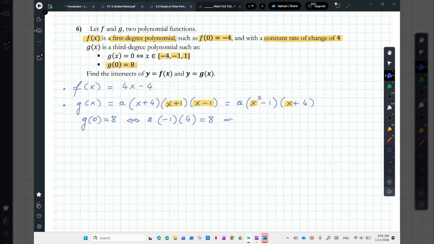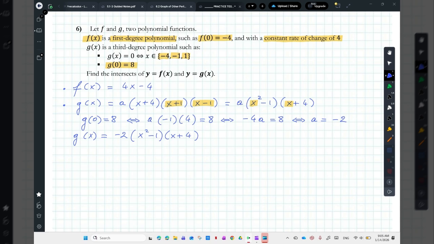In other words, negative 4 times a equals 8, which is equivalent to a being equal to 8 divided by negative 4, negative 2. And so g of x would be equal to negative 2 times x squared minus 1 times x plus 4.